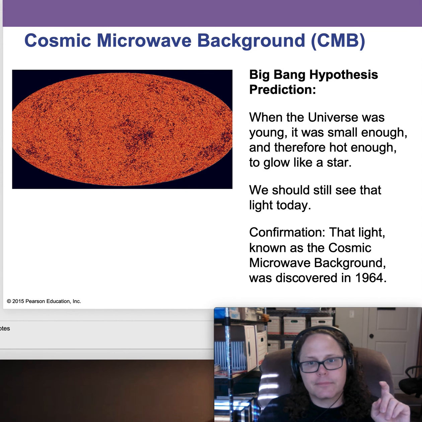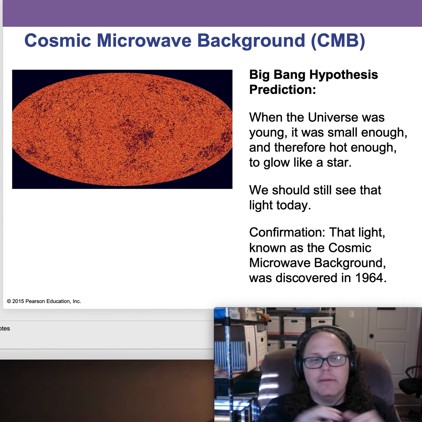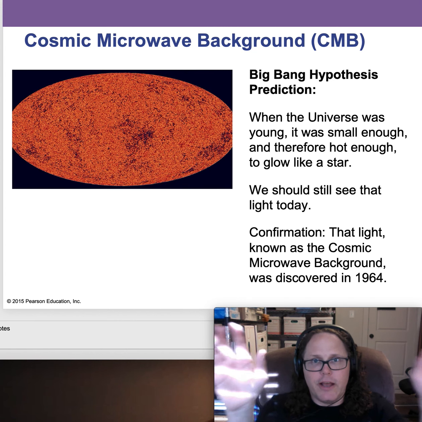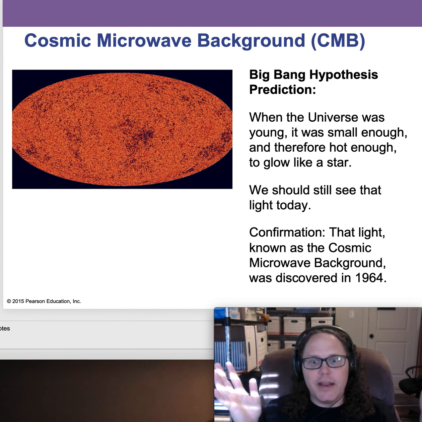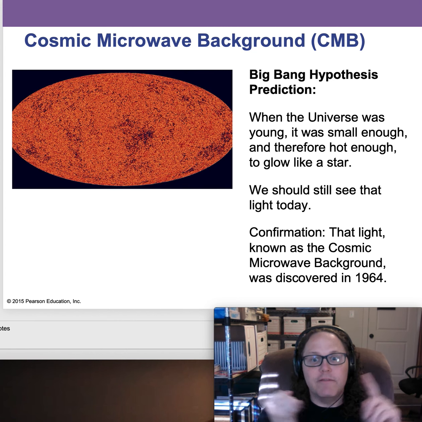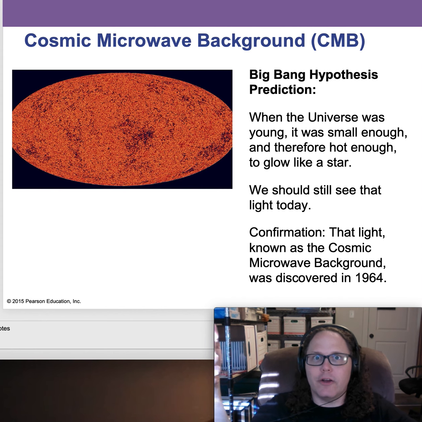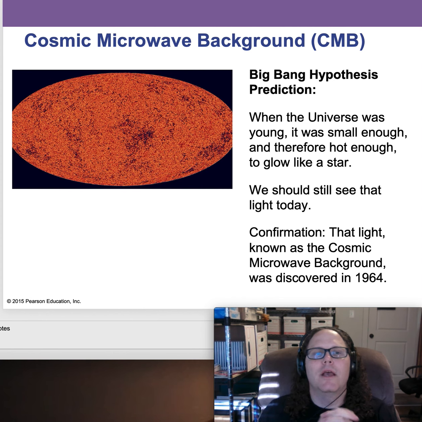However, it wouldn't look like visible light. When the universe was hot enough to glow like a star, it would have glowed a lot in the visible light and in the infrared. However, the universe has expanded since then, and the light waves have expanded to longer wavelengths en route to us. So what we should see is not infrared and visible light.